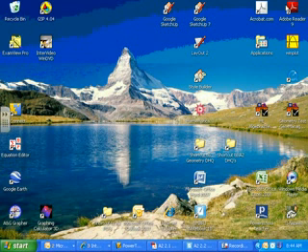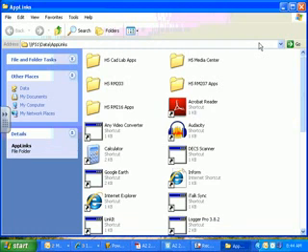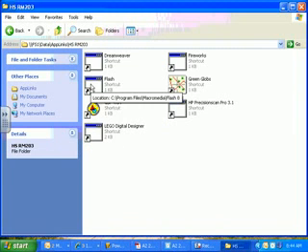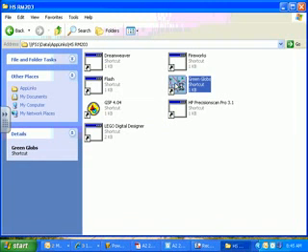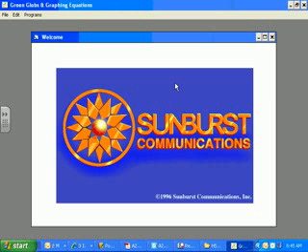You'll go into your applications folder. Just look in one of the folders and you'll find this green globs here.